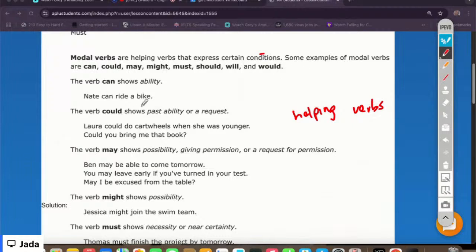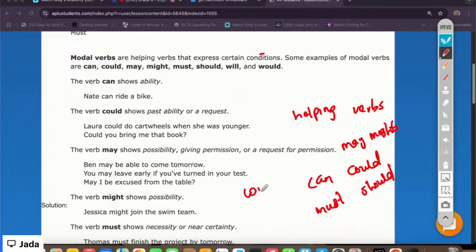Some examples of modal verbs are may, might, will, would, can, could, must, should. All of them have different ways that you can use them.